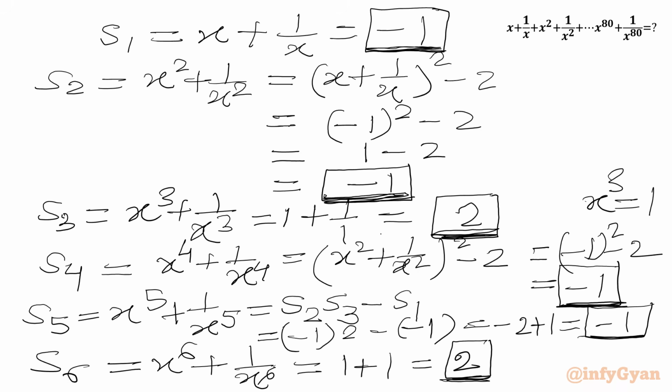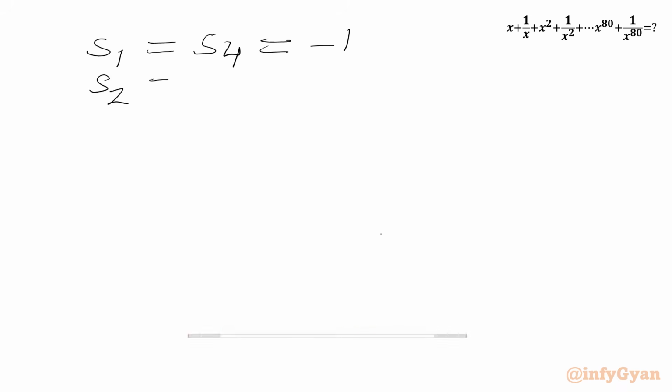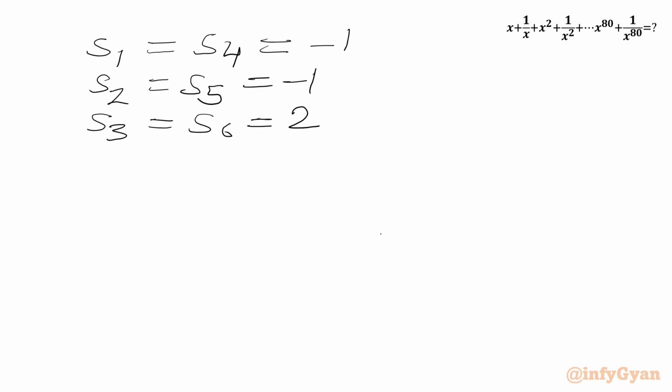Now we can conclude: here we have a cycle of 3. So I can write S1 equal to S4 equal to negative 1. S2 equal to S5 equal to negative 1. S3 equal to S6 equal to 2, and so on.